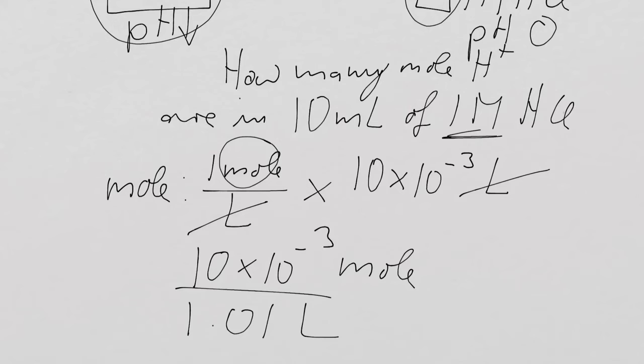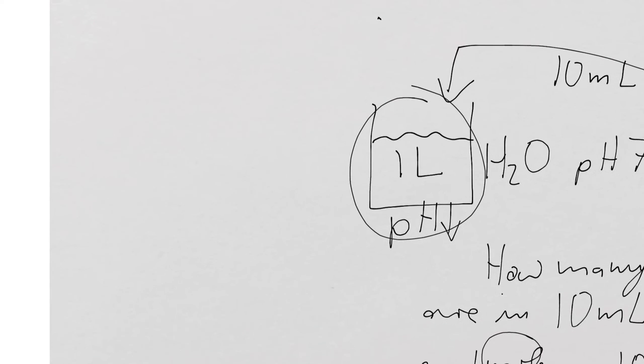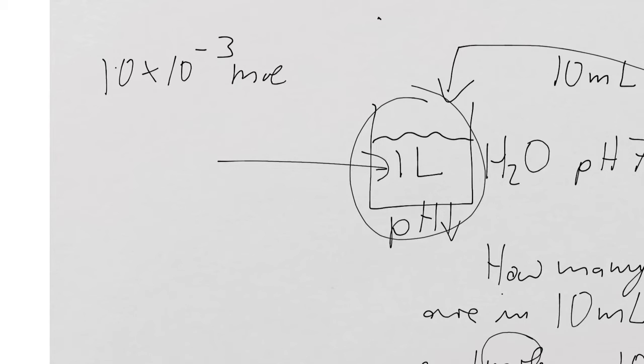Does that make sense so far? So that is my proton concentration in here: 10 times 10 to the minus 3 mole divided by 1.01 liter.